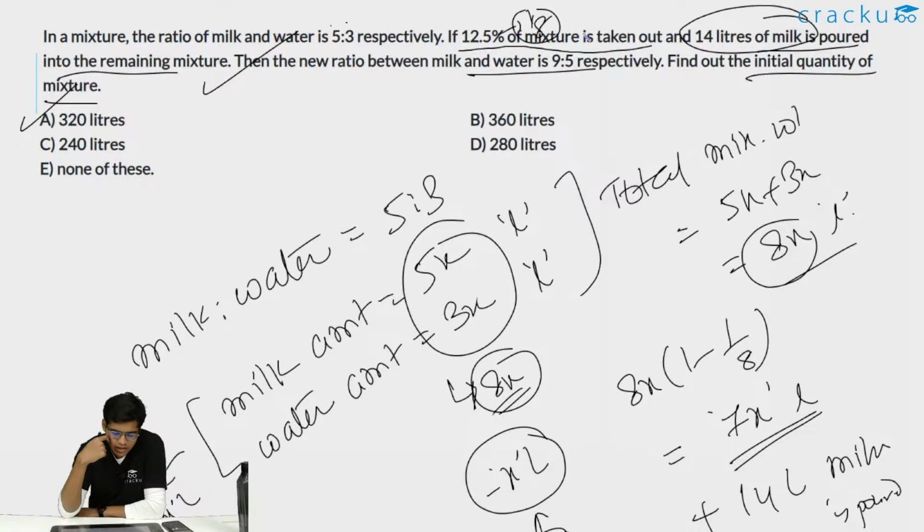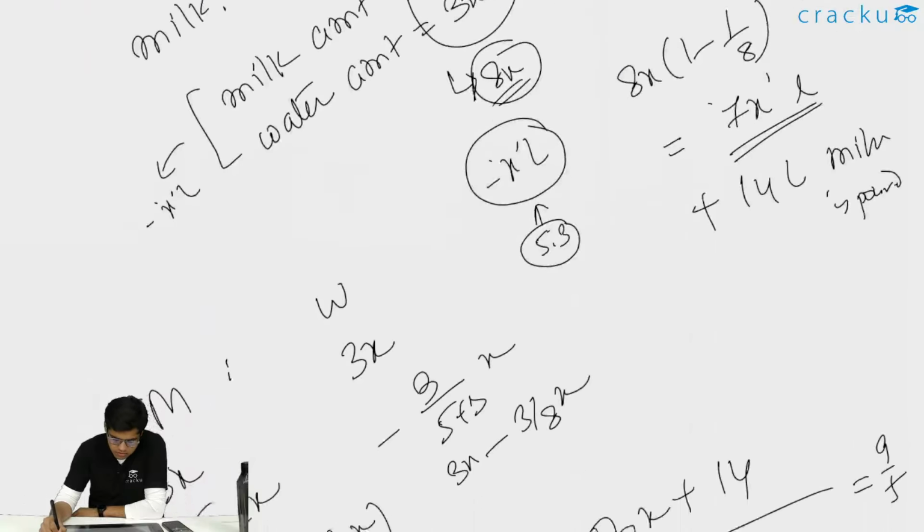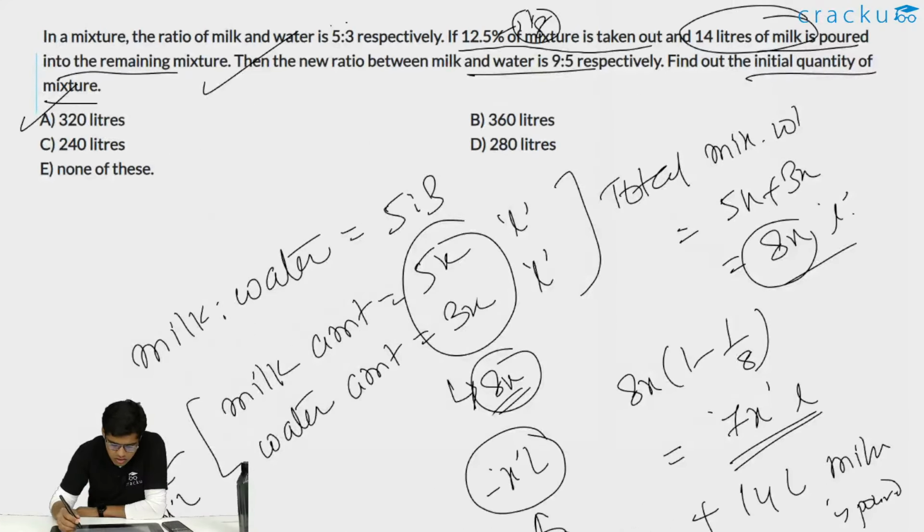We are removing 10x. No, that also, in exams, to be honest, the approach would have been this only, if you ask me. It's not that something other can be done, because we have to remove, then we have to add 40 liters, then the new ratio is being told. So this is, I think, the approach.